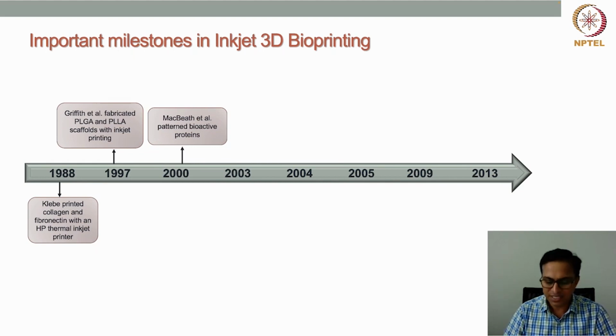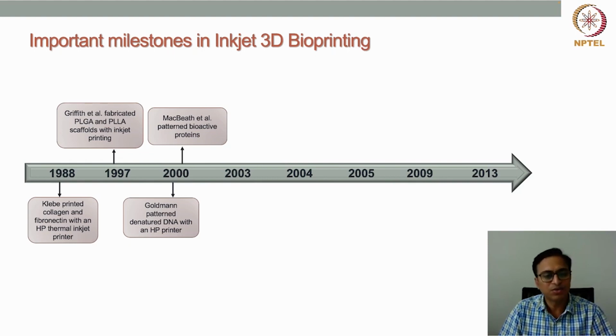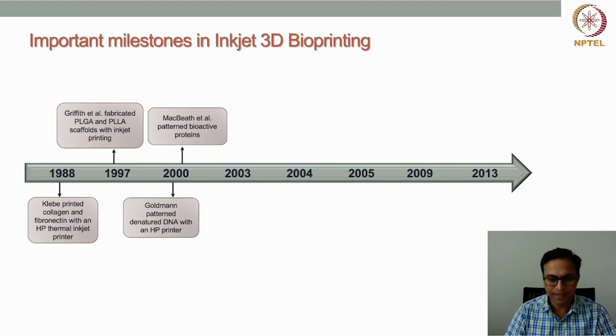With this success, later in 2000, the same year, Goldman patterned biomolecules like denatured DNA with an HP inkjet printer. So for DNA patterning, inkjet printing technology was also used in 2000.